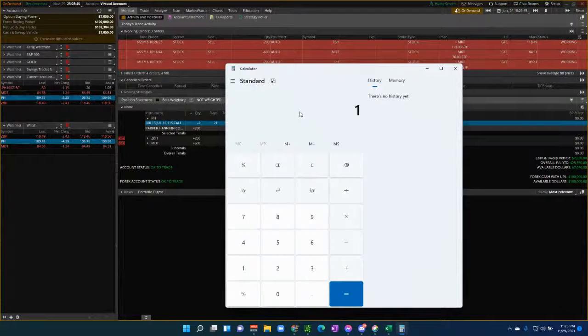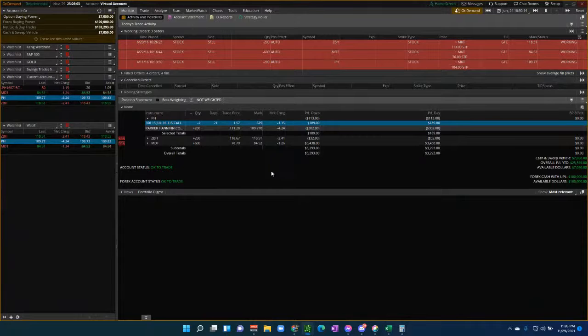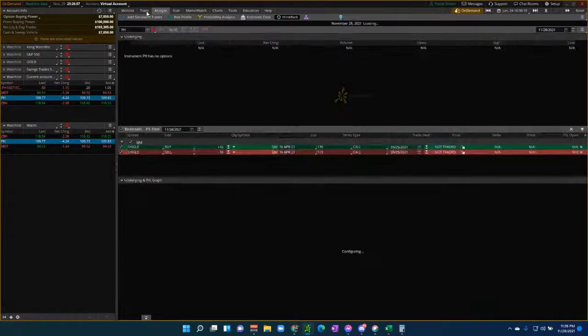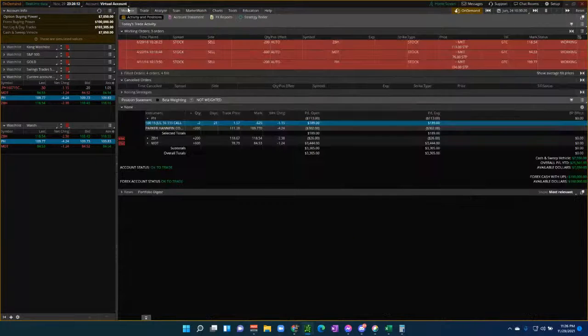So we took 157.94, divided by 1.7, about 60% on it. We still have 21 days, and we're down on this position.